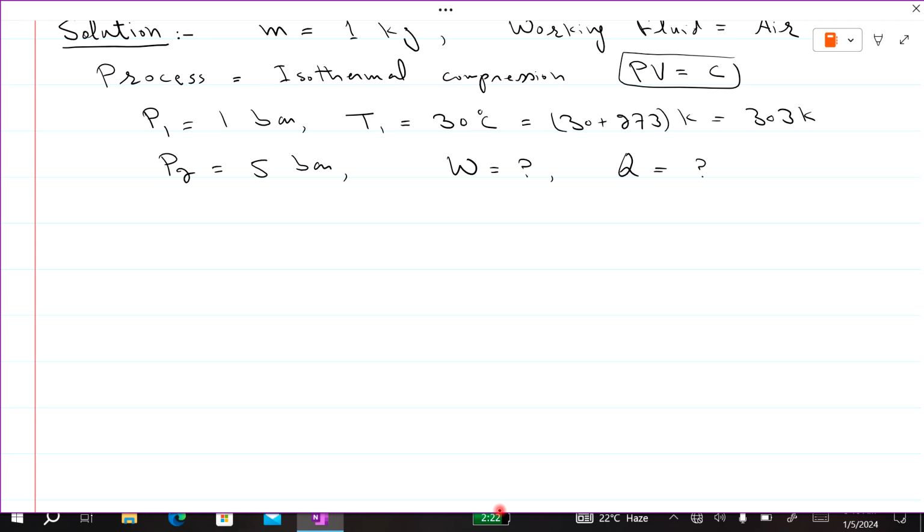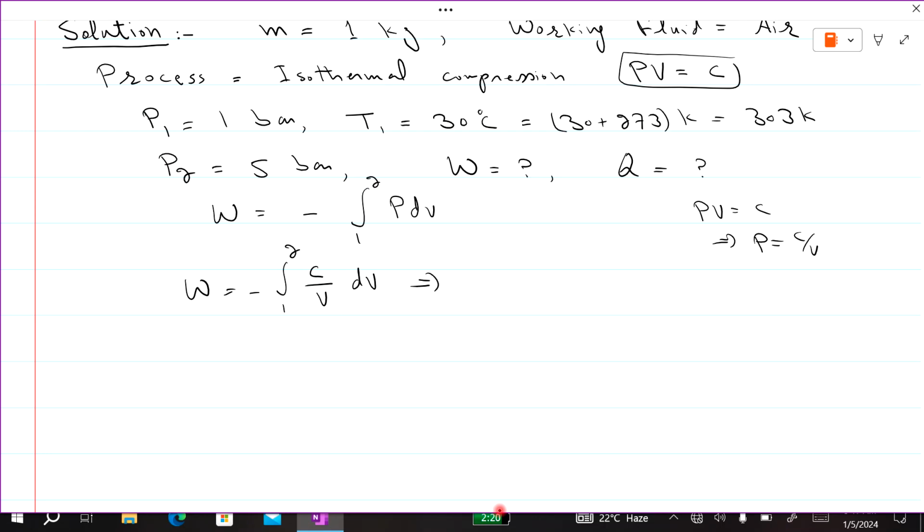First we find work. The formula for work is W equals minus integral from 1 to 2 of P dV. This is an isothermal process, PV is equal to C, so P is equal to C by V. So W is equal to minus integral from 1 to 2 of C divided by V dV.